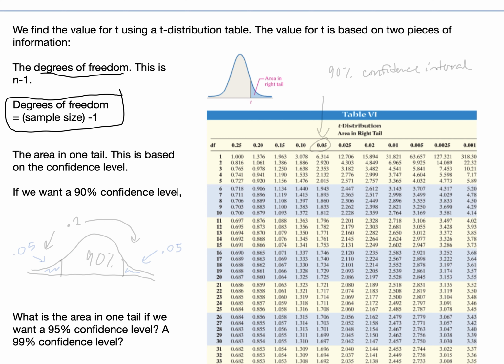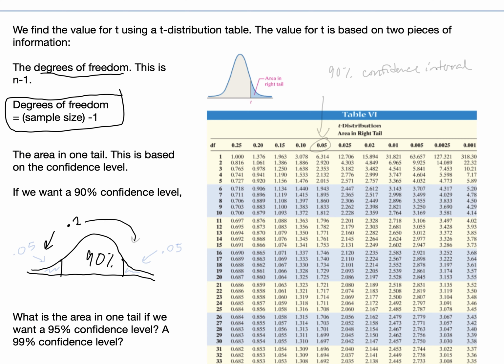The second piece of information that it's based on is the area in one tail, and that's based on the confidence level. So, for example, if we want a 90% confidence level, how much area is in one tail? Well, a 90% confidence level is based on having 90% of the data in the middle. So that means that there is 10% of the data in the two tails together, or 0.1.